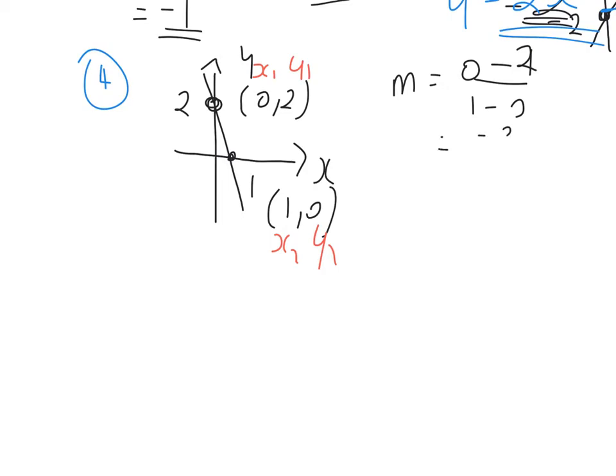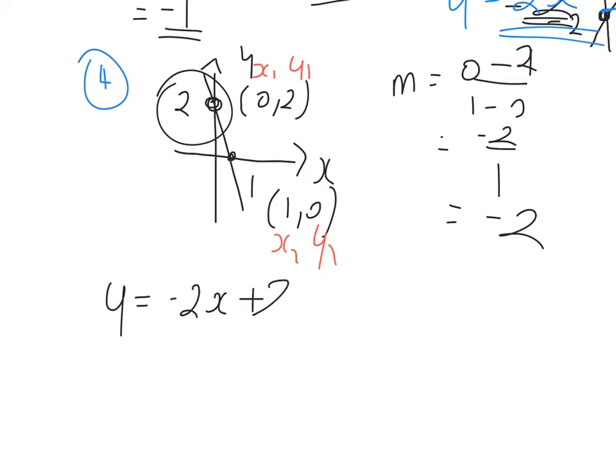And that's minus 2 over 1. The gradient of the line is minus 2. The y-intercept this time is 2. So it's y equals minus 2x plus 2.